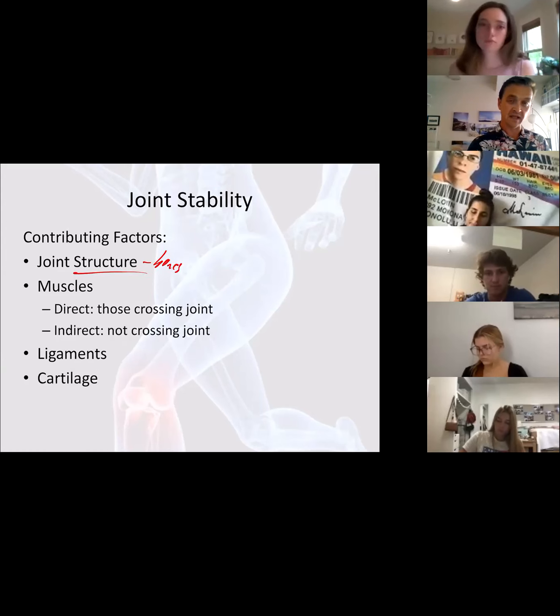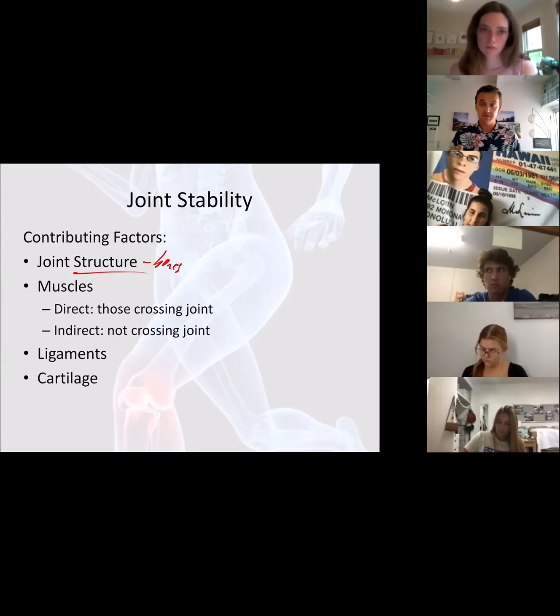So an indirect stabilizer of the knee, one of the most important ones, is your gluteus medius muscle, because your gluteus medius does exactly that. It abducts your hip and keeps your patella straight over your toes as you're going down into a single leg squat like that. So that's an example of an indirect stabilizer of the knee joint.